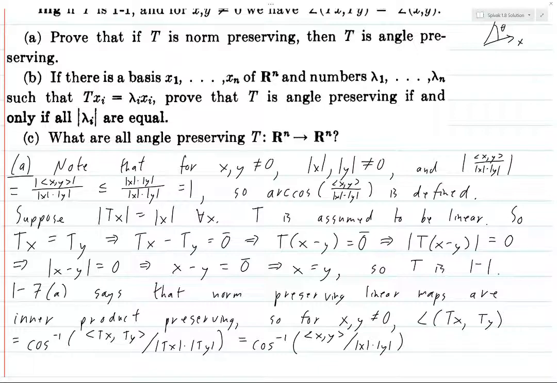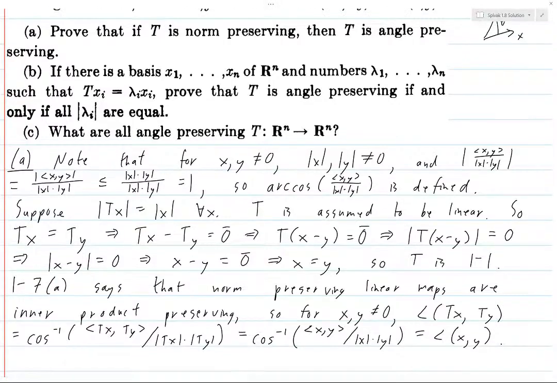But they're non-zero because x and y are non-zero vectors, and so their norms are non-zero. So if you wanted to be super rigorous, you would have to write this in the reverse order. You start with the angle between x and y, and you prove that it's equal to this cosine inverse of x, y over norm of x times norm of y. And then you convert inner product of x and y to inner product of Tx and Ty, and you change the denominator to norm of Tx times norm of Ty, which you know is well defined because norm of x times norm of y is non-zero.